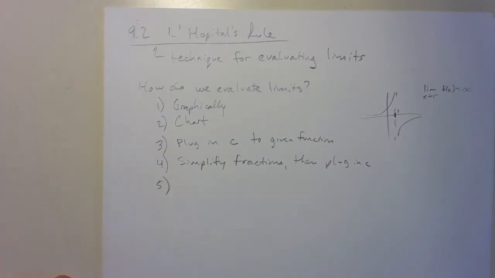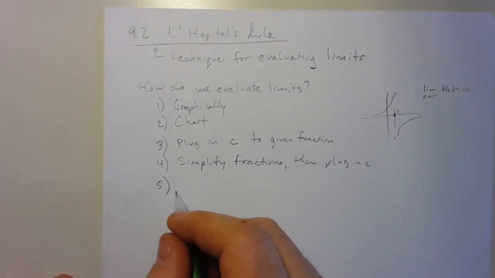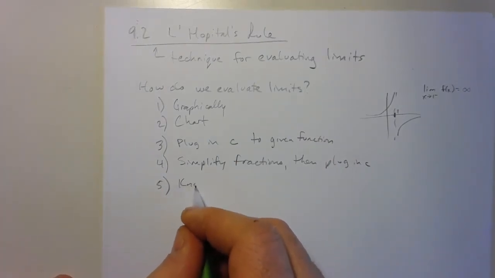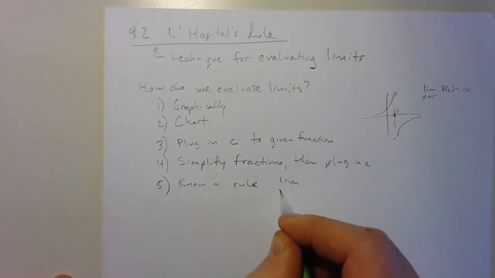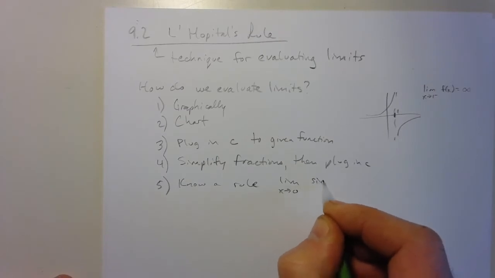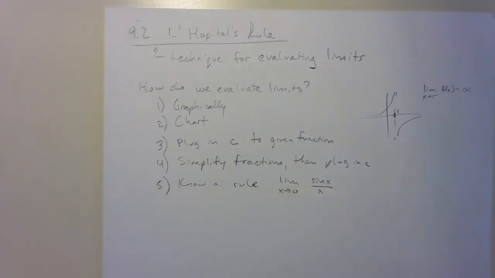We had some where you just had to know a rule, like the limit as x approaches 0 of sine of x over x. We just know that equals 1, so we did that every time. But really, this one, L'Hopital's rule, is going to be the best one here.